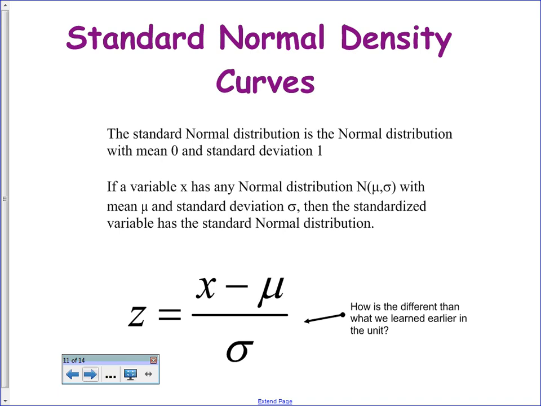What we can do is turn all data into z-scores. We can take our entire data set and turn it all into z-scores using this formula, which is different than what we learned last unit, because last unit we were using x-bar and s sub x. But here we have the entire population data, so we're going to use mu and sigma.